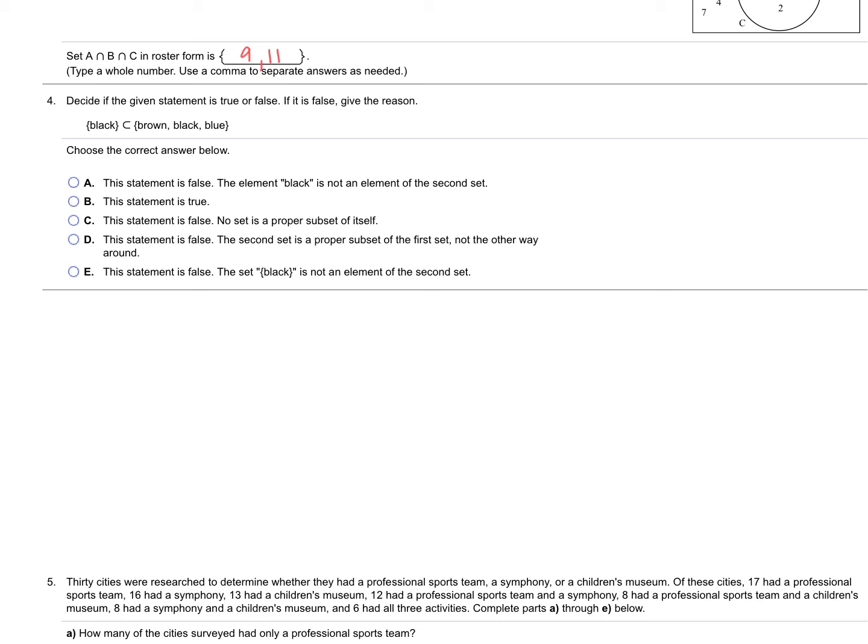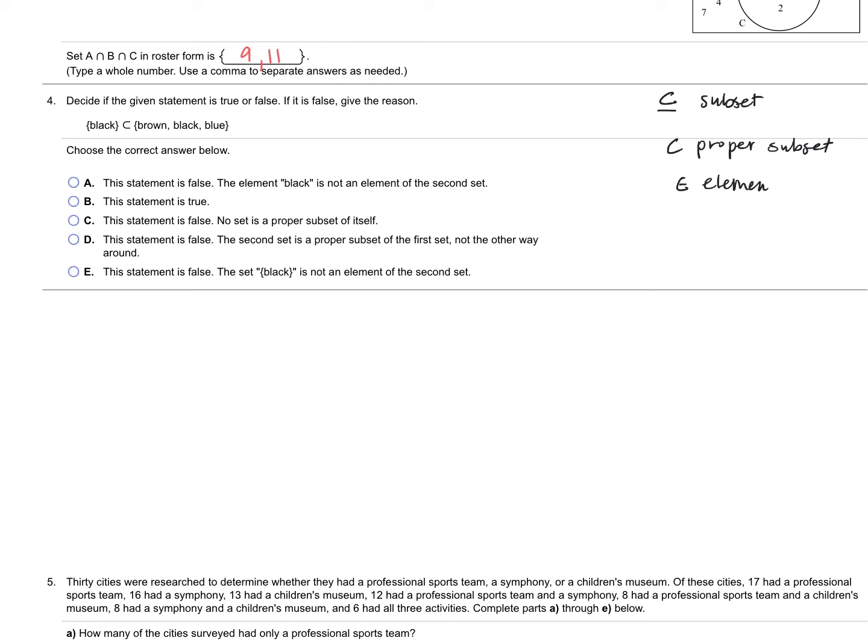So the first set must be smaller or contain less elements than the second set in order for it to be a proper subset. Remember that this is subset. When you take that line off the bottom, that makes it a proper subset, right? And then it also talks about an element, but remember, element looks like the E, right?